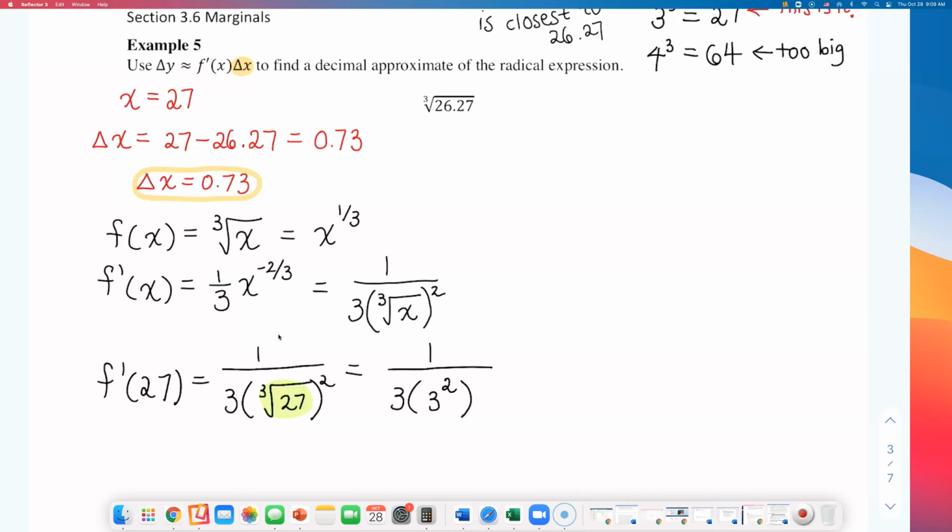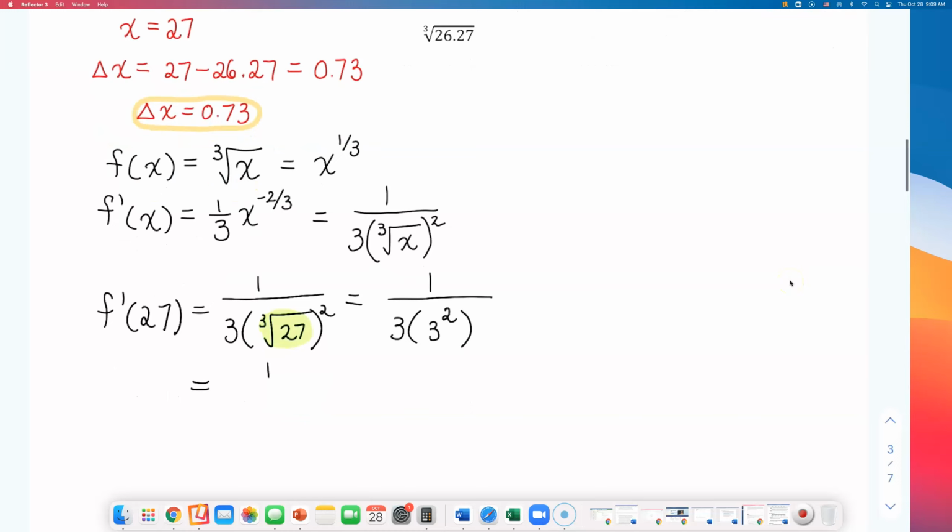I'm going to write it underneath so that I can use the room on the right to write the final answer. So 1/3 times, this time I'm squaring the 3. That will give us 9. Therefore, f prime of 27 comes out to be 1/27.